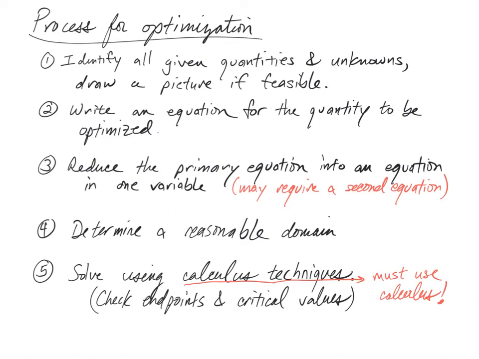You can try to skirt through using maybe the vertex formula for a quadratic if you're given a quadratic function to work with. But using negative b over 2a is not considered to be calculus.